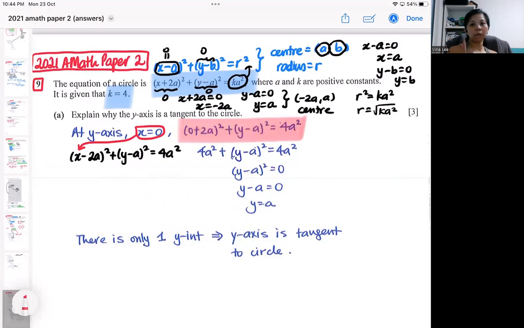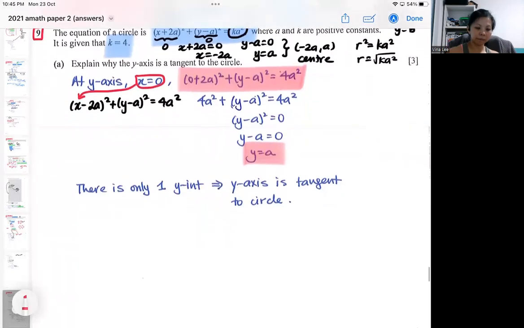You hope to achieve only one answer. That means there's only one y-intercept, so it turns out to be a tangent. You just work it out, and you realize that you really get one answer only. Because there's only one y-intercept, the y-axis is a tangent to the circle. So that is how we can explain this.